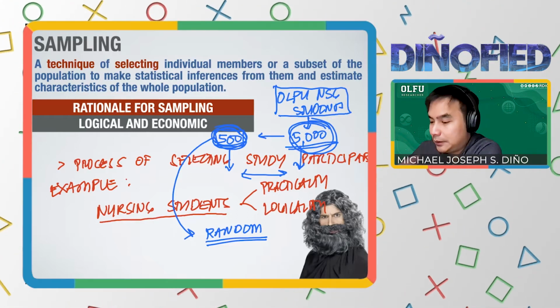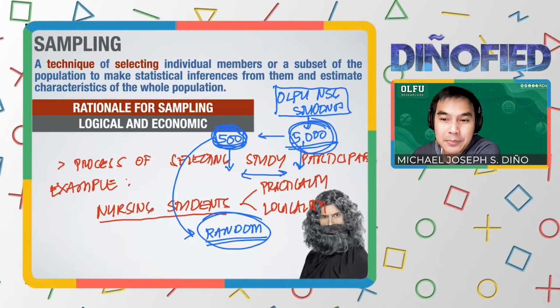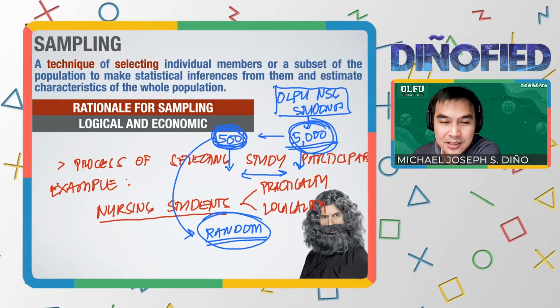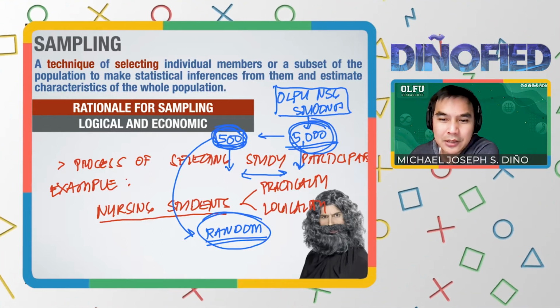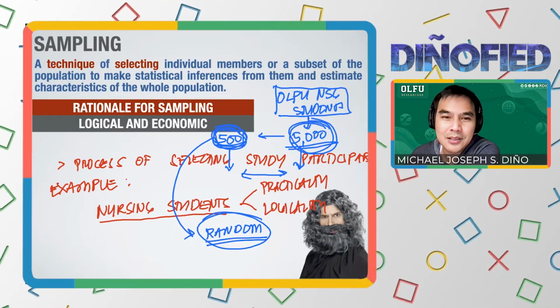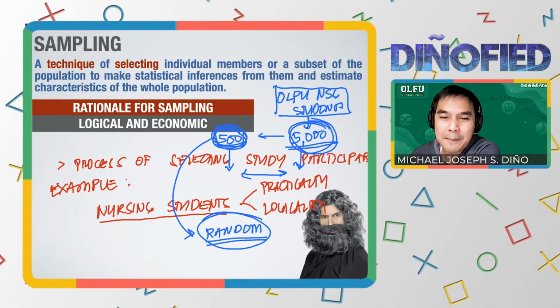That is possible if we do what we call random sampling. If it's randomized and you're not biased, for example, if I only choose those from Valenzuela, that's not random because you selected them intentionally.